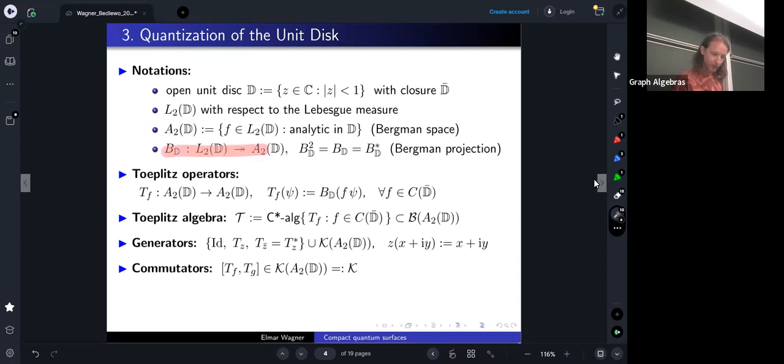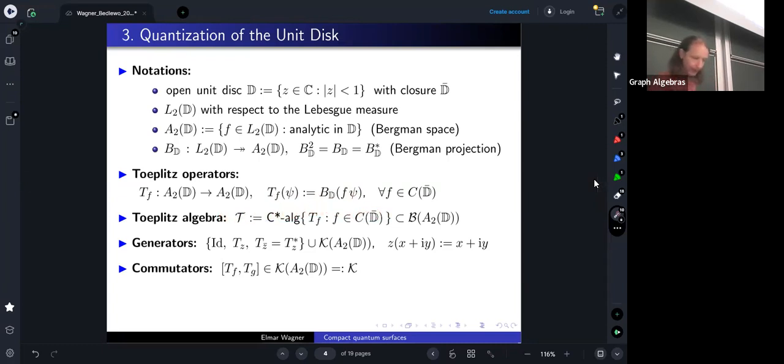Then we have the projection onto those analytic functions, and what we do is take a continuous function, and the Toeplitz operator is given by multiplying the analytic function by a continuous function. This is not analytic anymore, but we can then project onto the Bergman space. And this is a Toeplitz operator. These are the Toeplitz operators. And the Toeplitz algebra is the algebra generated by all these Toeplitz operators.